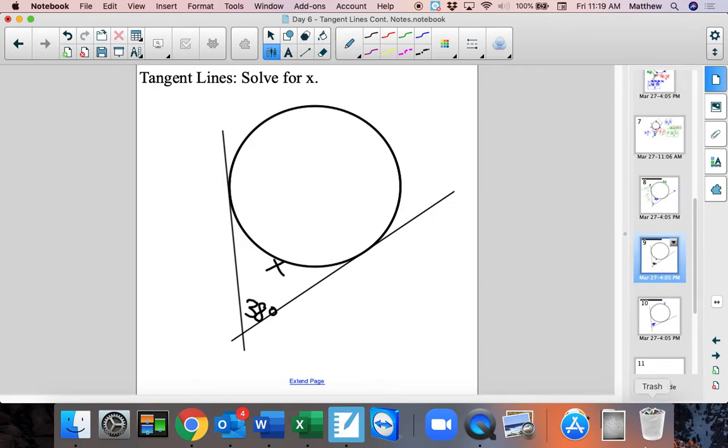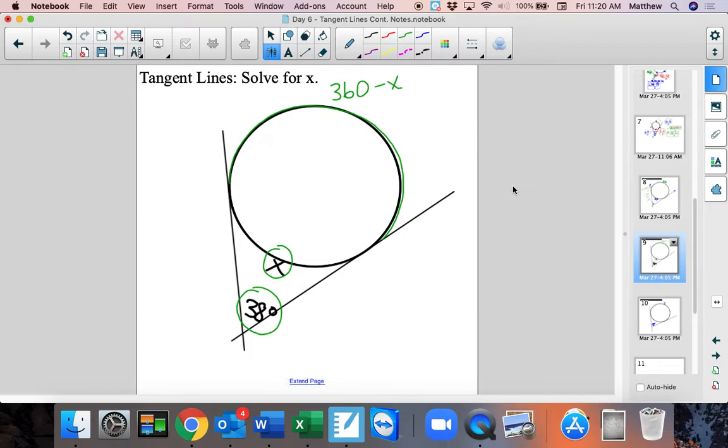At first, you're kind of like, wait a minute, I don't have any numbers. I have this 38 degrees, but I don't know this small arc and this big arc. So maybe pause and think for a minute what we do know. If this is X, what is this arc right here? Well, that's 360 minus X. Okay, so now we can use our formula.